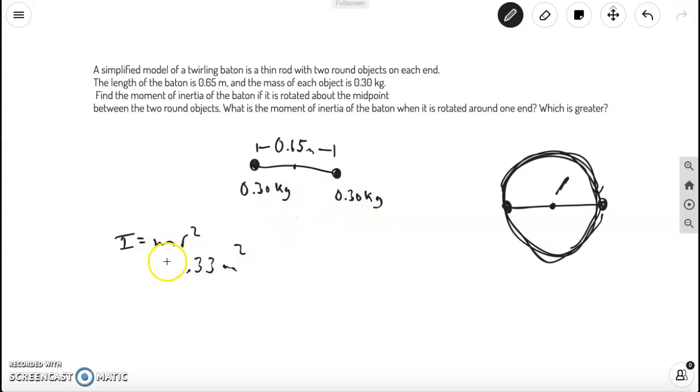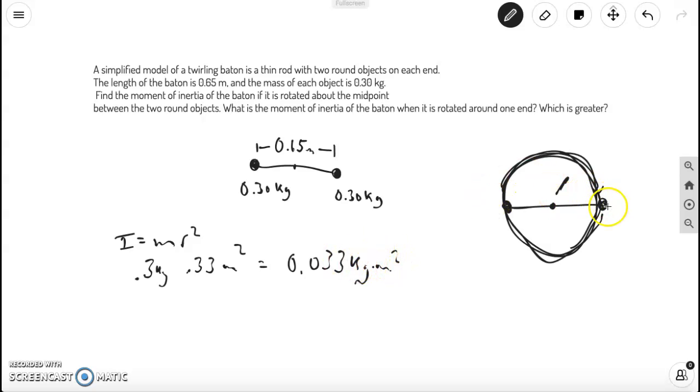So if we do that, we're going to get mr squared equals 0.3 times 0.33, so we get initial I equals 0.033 kilogram meter squared as a unit.